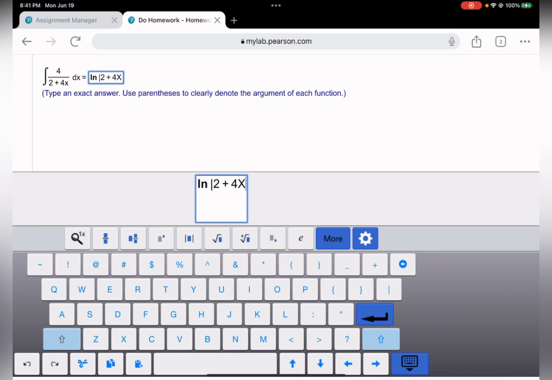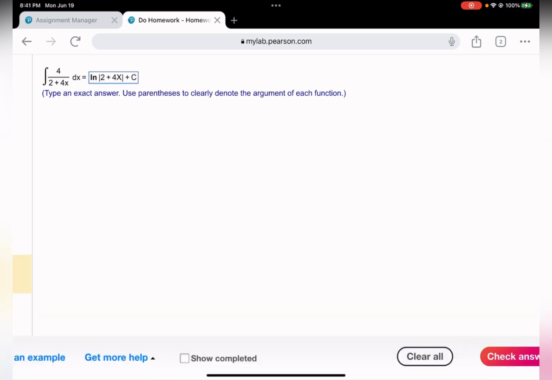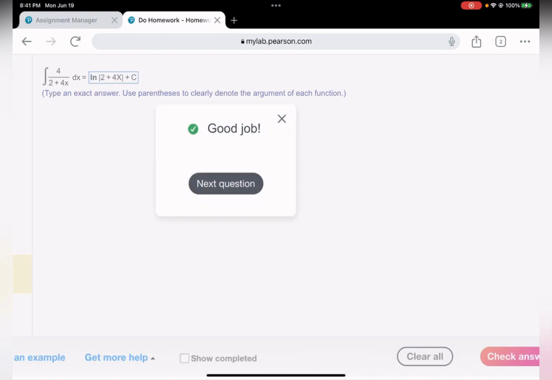Where was that? Looks like here. And plus uppercase C. Okay, a good job. Moving to the next question, question number 8.